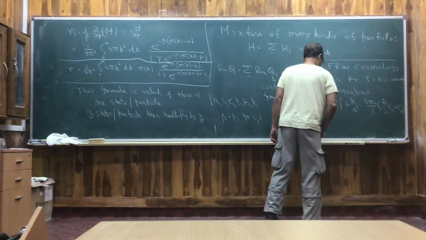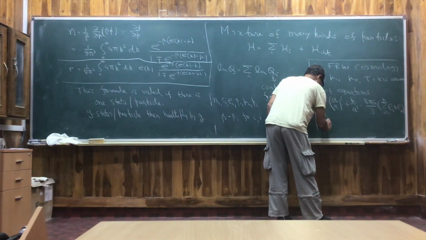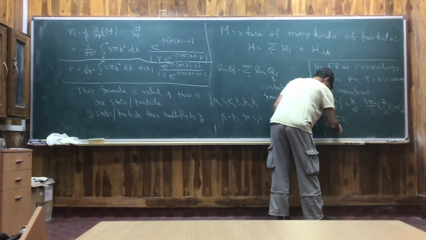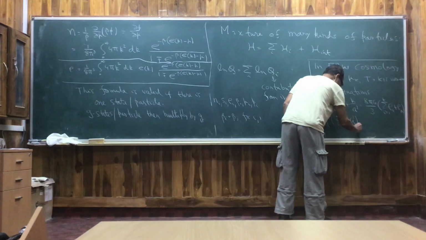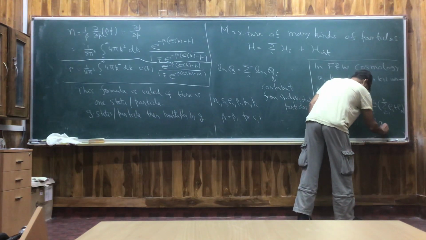Then you have the overall energy conservation, d/dt of sum over i of rho i a cubed equal to minus 3 a squared a dot sum over i of p i.